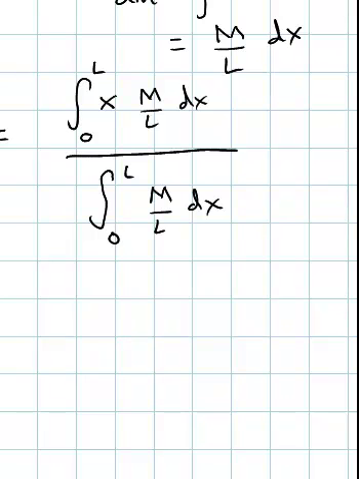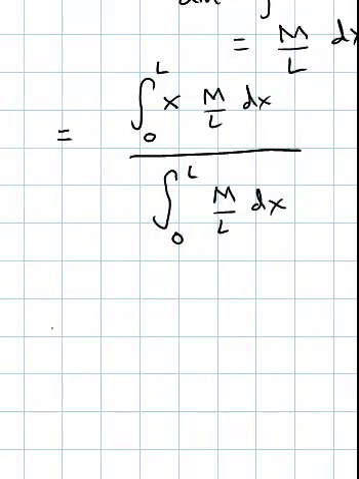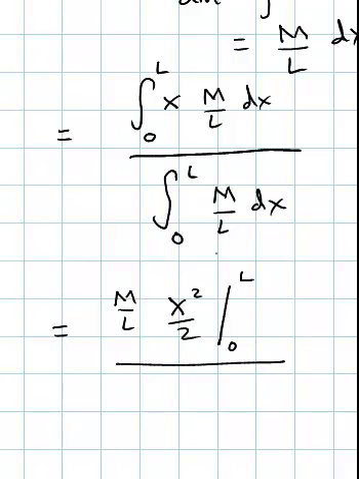Okay, so let's go ahead and do these. The top is going to give us an m over L. That comes out of the integral, that's constant. And the integral of x dx is x squared over 2. And we have to evaluate that from 0 to L. And the m over L comes out, and the integral of dx is just x.